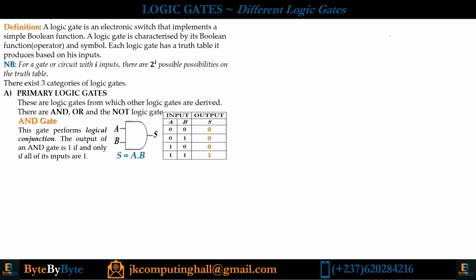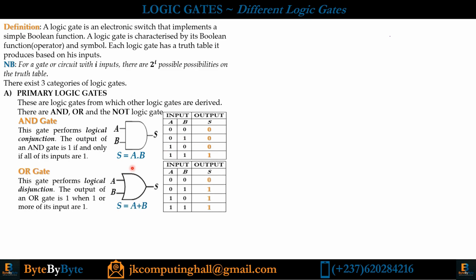Now, the AND gate, as you can see, this is the symbol of the AND gate. Sorry, the expression. This is a truth table. From the expression, you see that the output S is A times B. So when you compute 0 times 0, you have 0, 0 times 1, you have the result, and so on.